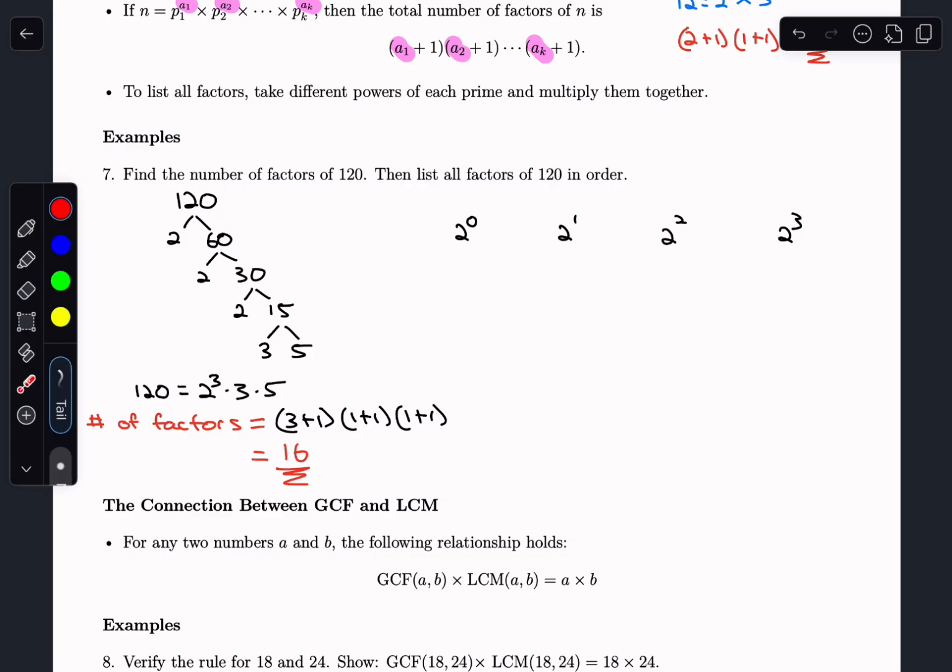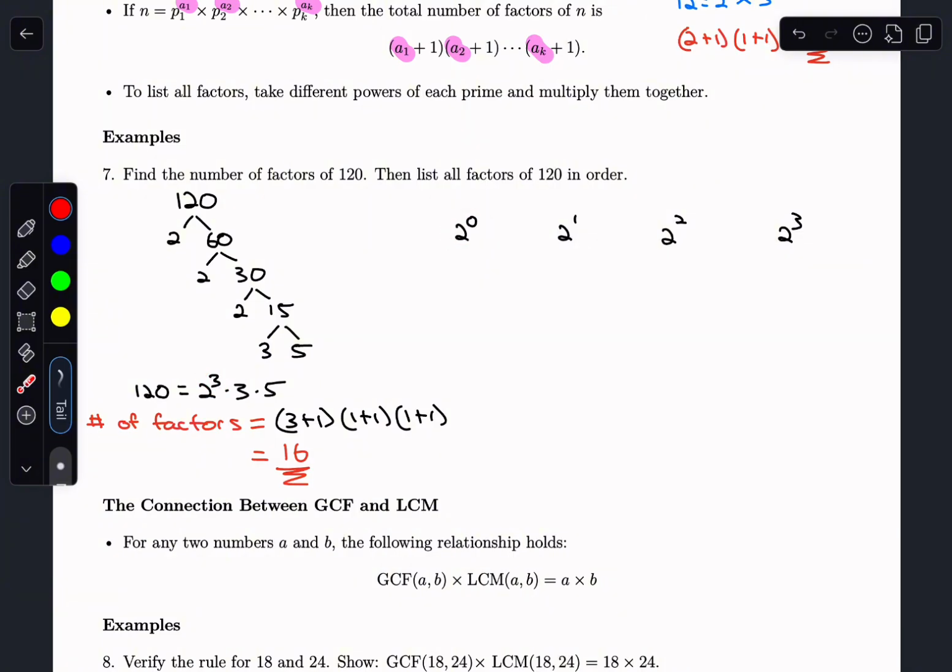Now let's connect a couple dots here. Remember, we added together the exponent of 3 plus 1, and that gave us the number 4 earlier. The reason we were doing that is that this number 3 up here, this exponent, tells us most of the possibilities for 2, but it leaves off 2 to the power 0.